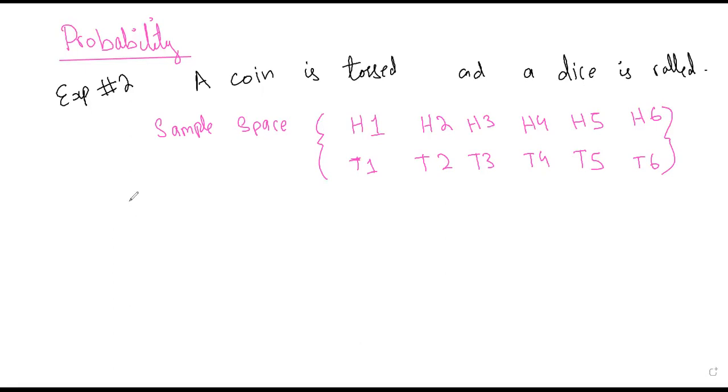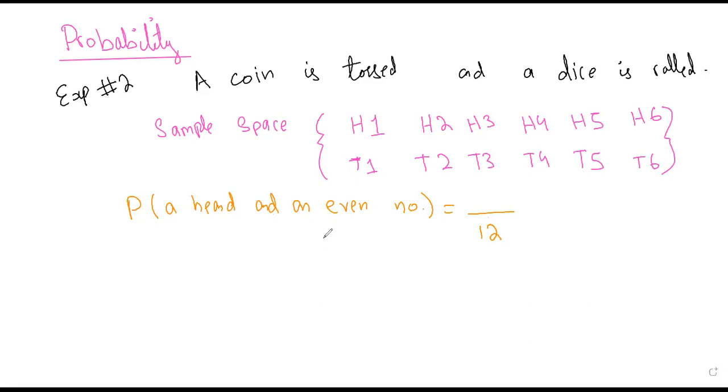Now we can have different types of questions. Let's say you have been asked to find the probability of getting a head and an even number on the die. The total is 12.